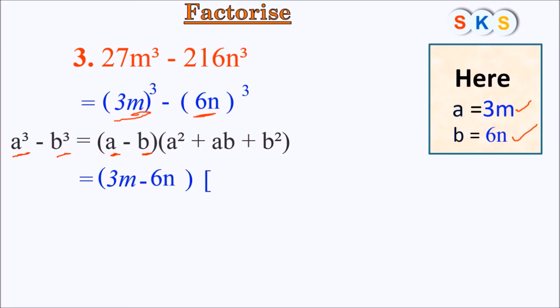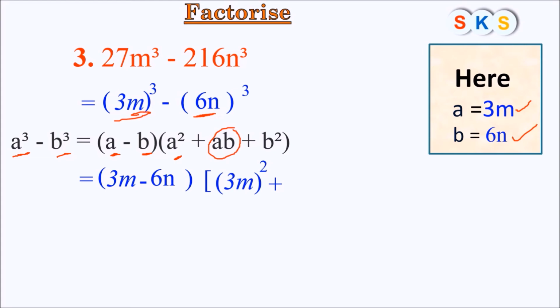Now in the second bracket you can see that the first term is a square, right? And what is the value of a? You can look over here in the rectangular box. Here a is 3m, so we will write here 3m the whole square plus ab, right? ab means a into b. And what are the values of a and b?